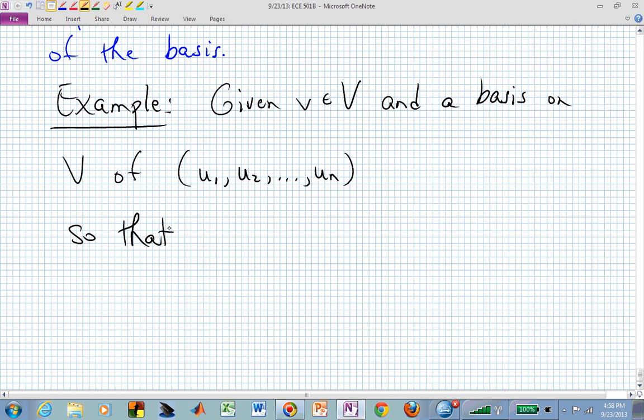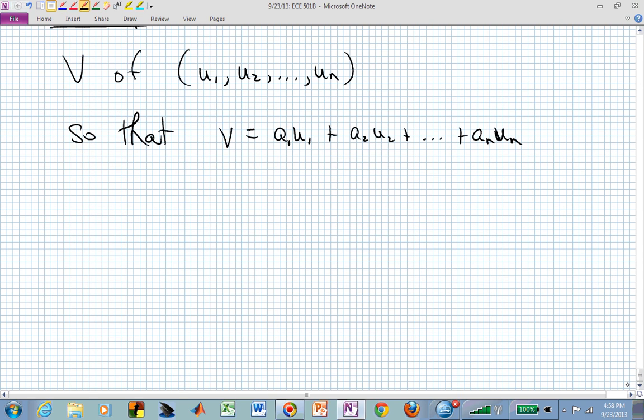And as a review, what does a basis mean? If the U's are a basis, then U1 through U sub n need to be linearly independent, and they need to span all of this vector space capital V. So that's the basis.